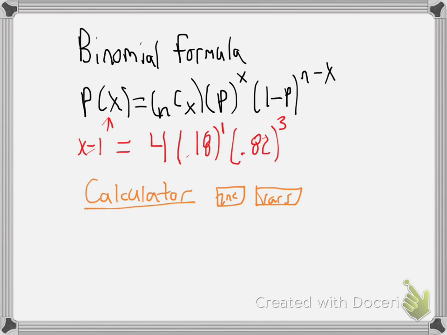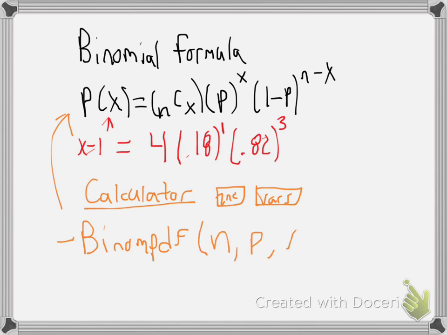It's actually right next to the clear button. If you do second vars and you scroll down far enough, you're going to find the binom PDF, which is the binom probability density function, which is this formula. This is the binom PDF. And the calculator will always want you to give it 3 things: n, p, and x.